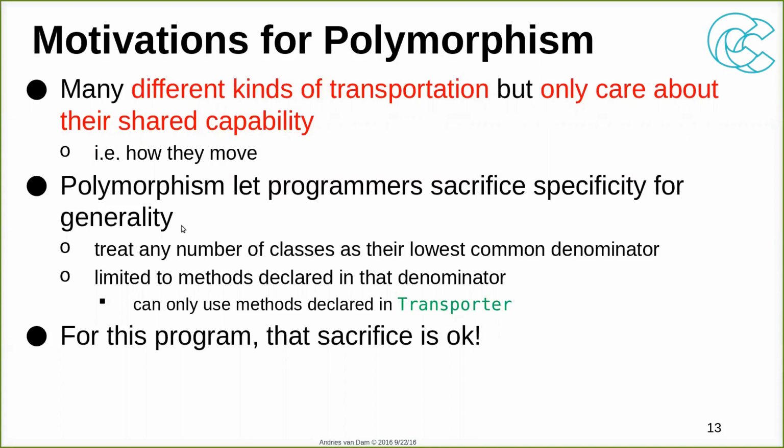The implementation of the move method, for example, is delegated to the individual classes, and we are only bothered about whether something moves or not. That's the general part. Now there can be multiple different implementations, and that is where polymorphism comes in. We'll look at that in the next few slides.